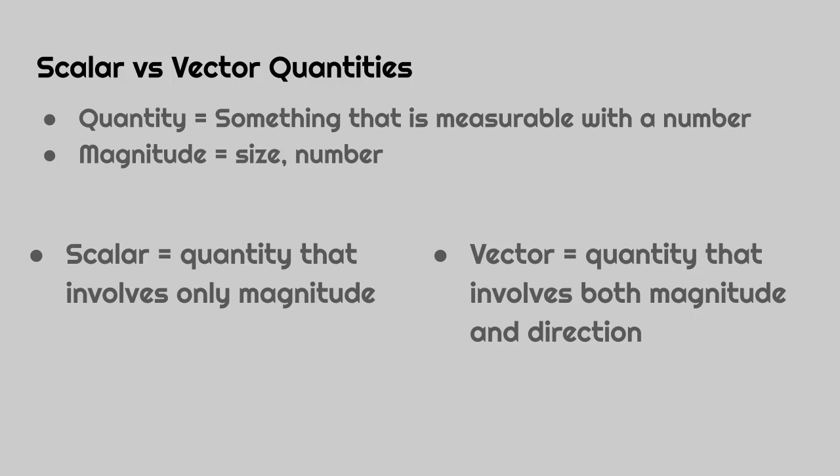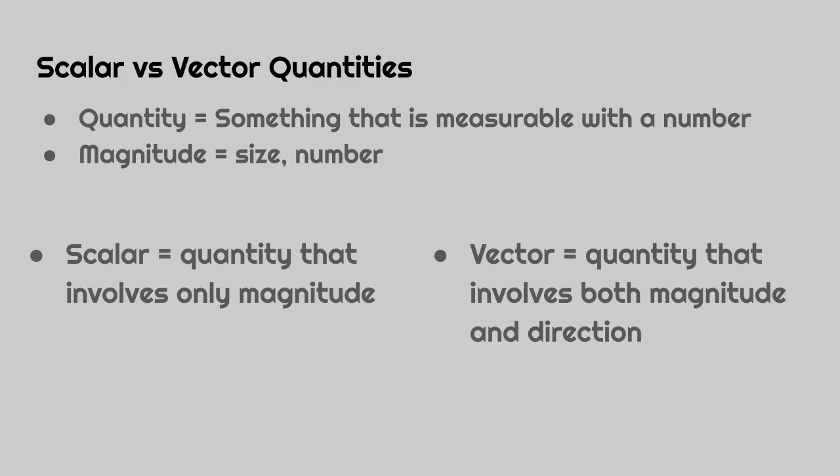All right, so scalar versus vector quantities. A scalar is a quantity that is measurable with just a number. Magnitude is another vocabulary word, meaning size or number. I always think about magnitude when we talk about earthquakes. Earthquake magnitudes have numbers by them, so the higher the number, the stronger the earthquake.